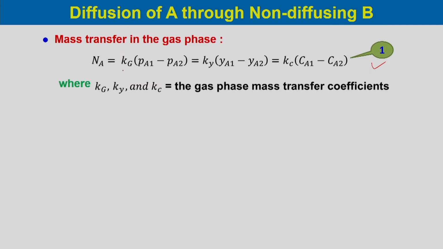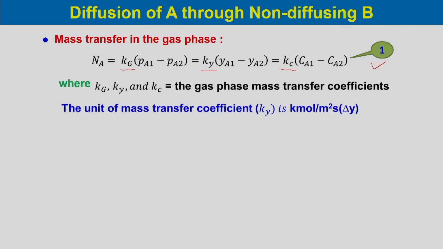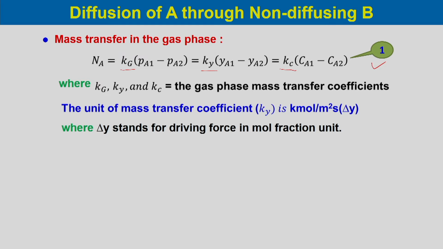So, three different mass transfer coefficients are defined in case of gas phase depending on the driving force we use. The unit of mass transfer coefficient ky we can easily calculate from this flux equation, which is kilomole per meter square second divided by the driving force. Here delta y stands for the driving force in mole fraction unit.